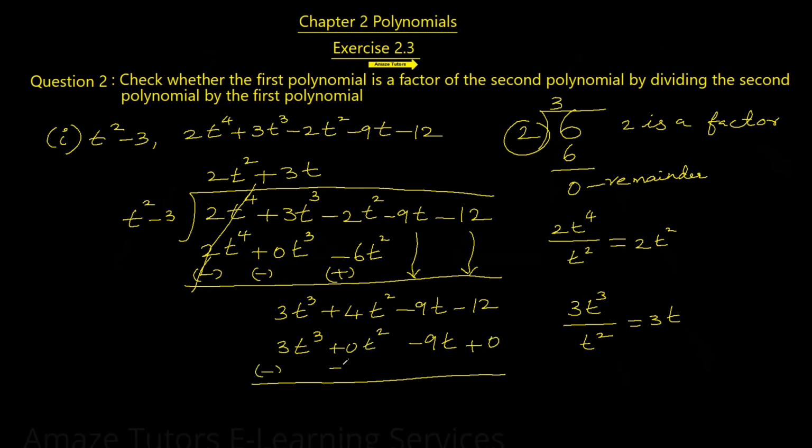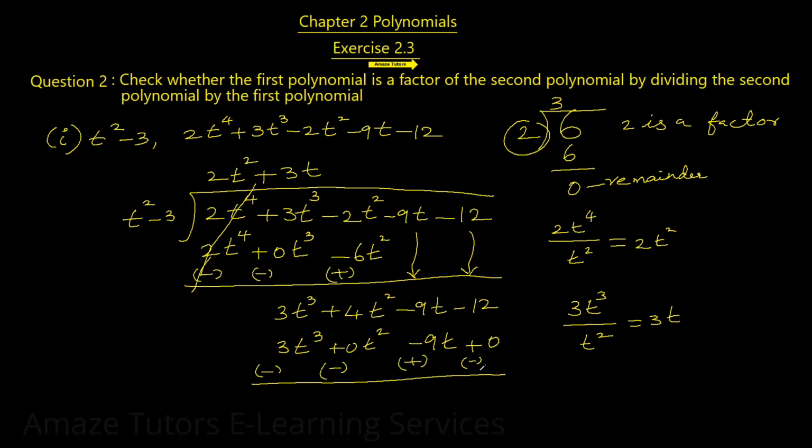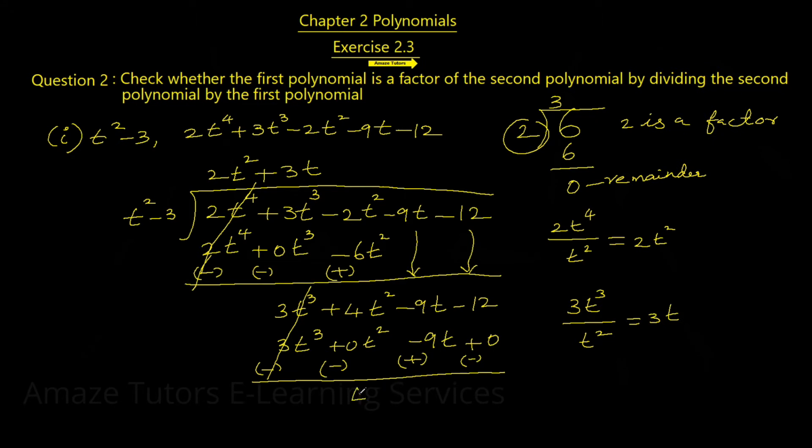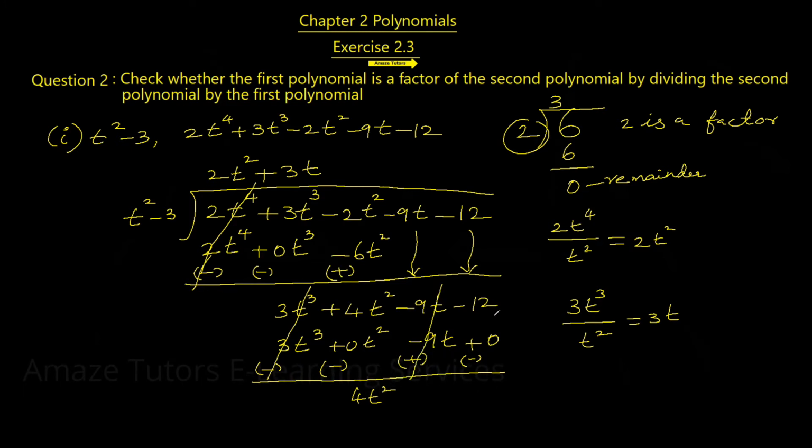Change all the signs for the bottom expression because it is subtraction. Now 3t cubed gets cancelled. 4t squared minus 0t squared is 4t squared only, and minus 9t plus 9t gets cancelled. The constant is still there, negative 12.